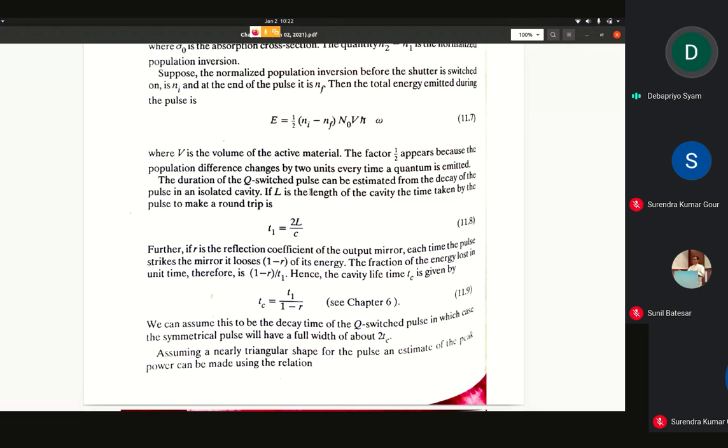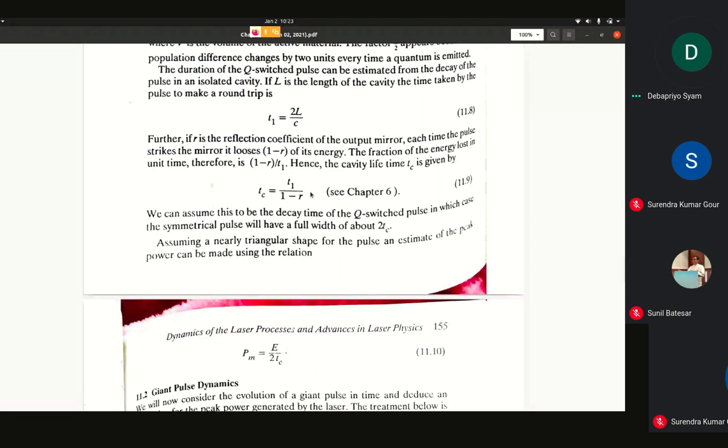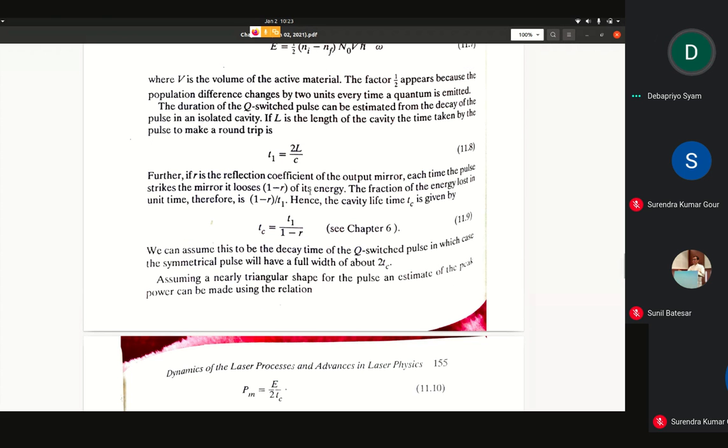So if it is the mean life, then the total duration of the pulse may be assumed to be twice that, as they say in the next page. As they say at the bottom here, the total span of the pulse is 2 Tc. That is, the pulse is delivered in a time equal to 2 Tc, that is twice T1 by (1 minus R).